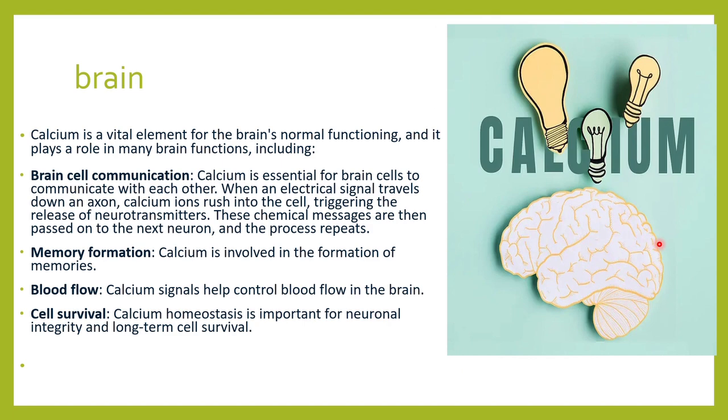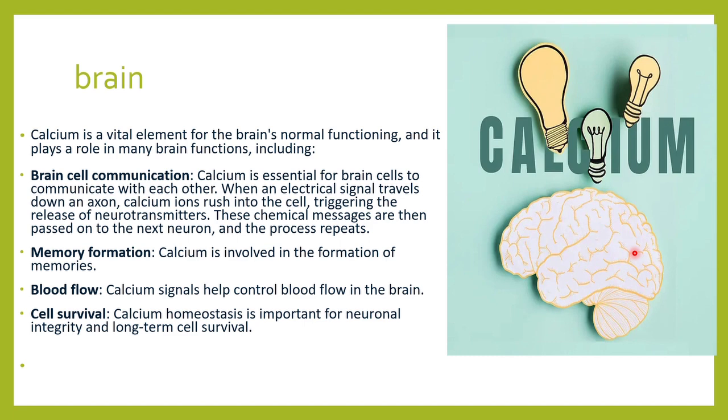So brain, I have told you that calcium is a very important element in the brain's normal functioning, and it plays a very important role in many functions of the brain, like brain cell communication, memory formation, blood flow, cell survival, neuronal integrity. All this will depend upon the calcium.